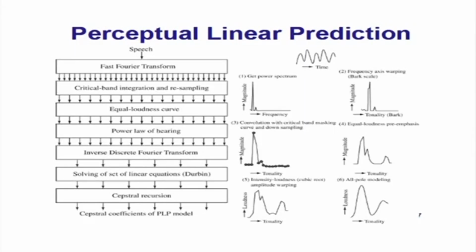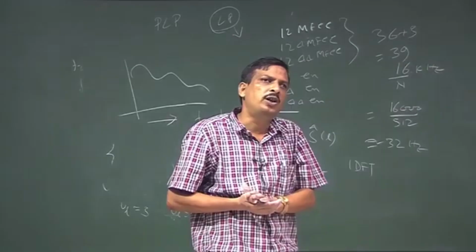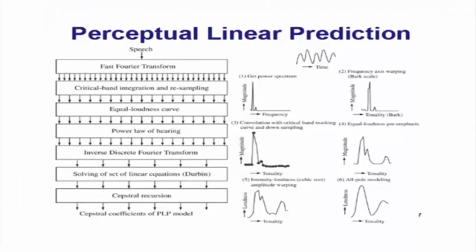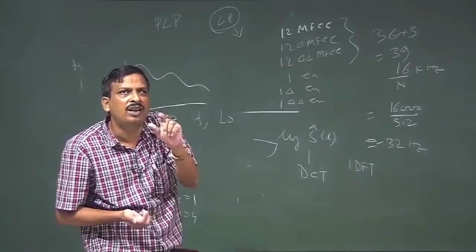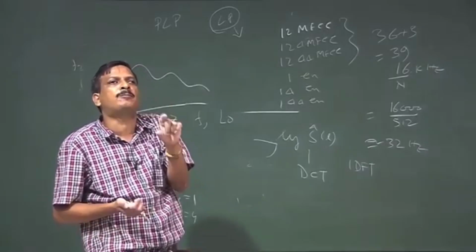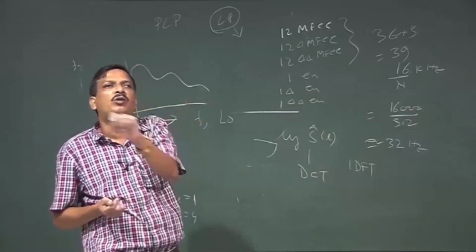So, take the speech signal, find the Fourier transform, then calculate the spectrum and modify the spectrum as per the critical band or mel frequency spectrum or Bark scale. Then modify the loudness of the amplitude of the spectrum as per the equal loudness curve.